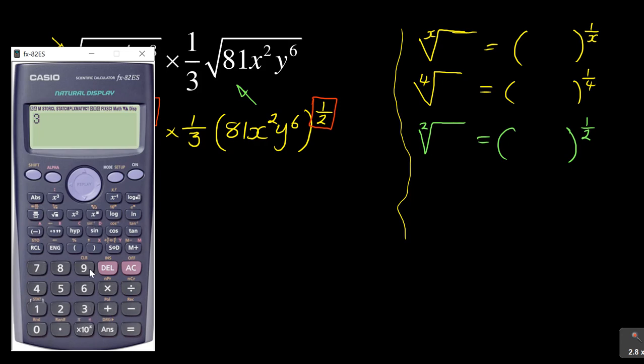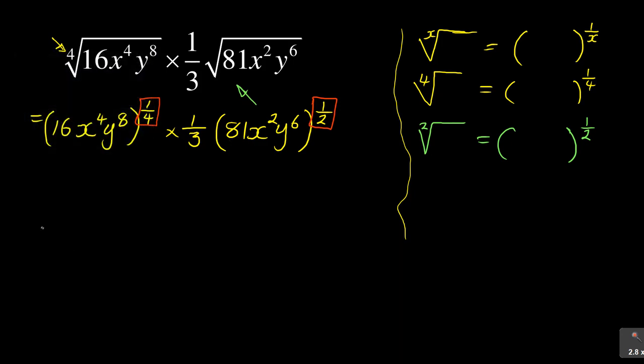I say 3 to the exponent 4. 3 to the exponent 4 is also 81. So it is better for me to write it in terms of 3 so that 1 over 3 will also be solved at the same time.